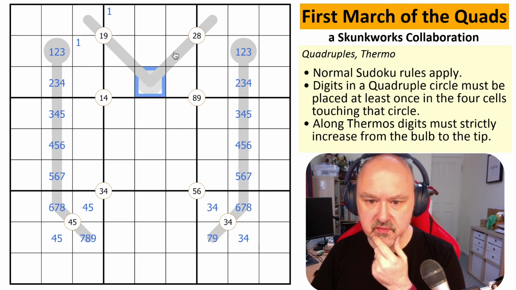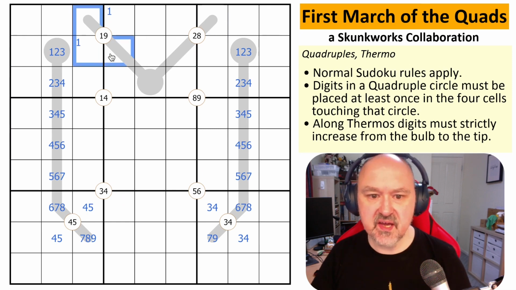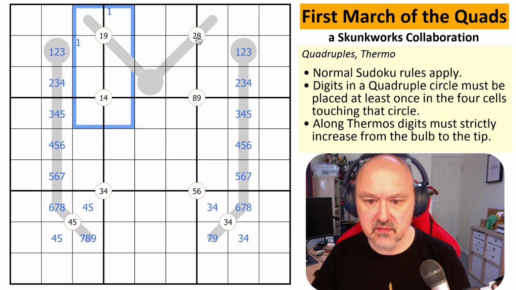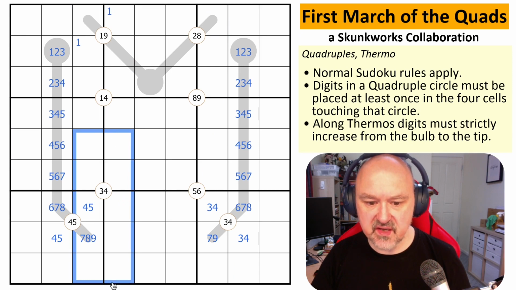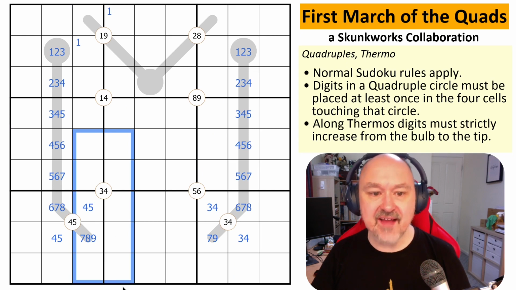This thermo doesn't look very powerful, but there's got to be something I'm missing. Like, I've got the same here with 1s as I've got with 8s over here. But not having 1 down here. Oh, that's that.